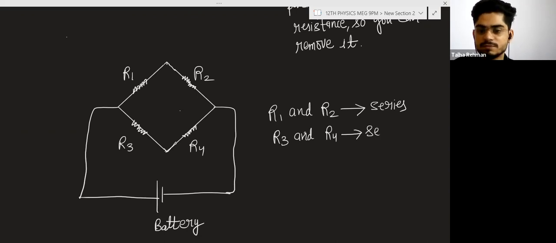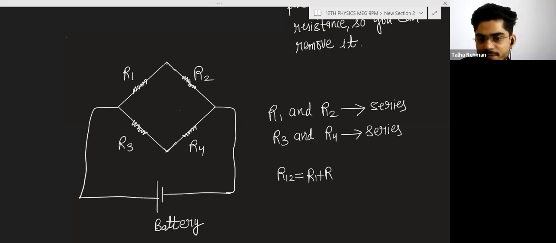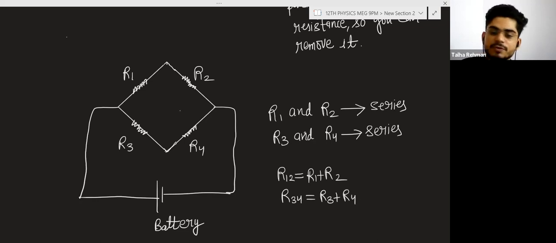So we can find R12, the equivalent resistance of this plus this, which is R1 plus R2. And we can write R34, which is R3 plus R4.